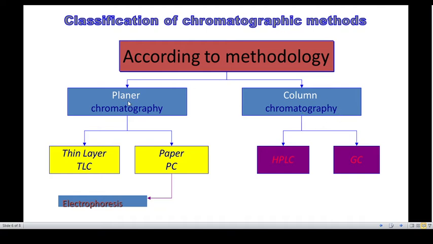Planar chromatography is further categorized as thin layer chromatography and paper chromatography, and column chromatography can be classified as HPLC and GC, that is high performance liquid chromatography and gas chromatography.